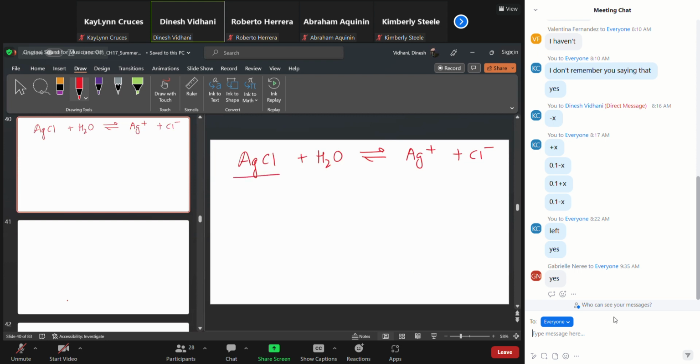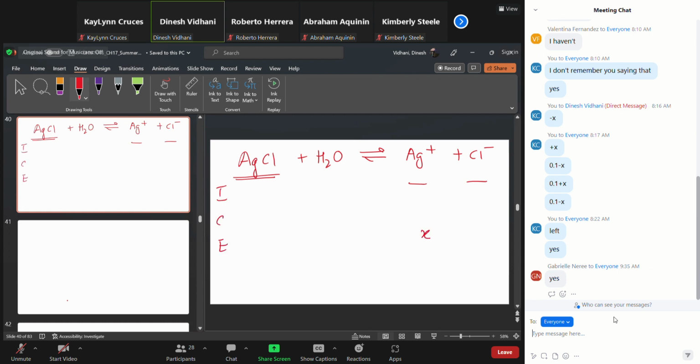Suppose I start with 5 moles of AgCl, right? How much Ag plus is there initially? There is no Ag plus or Cl minus. Do we have AgCl in the solution? Answer is no, it's not there. But now at equilibrium, so I will say initial, change, equilibrium.